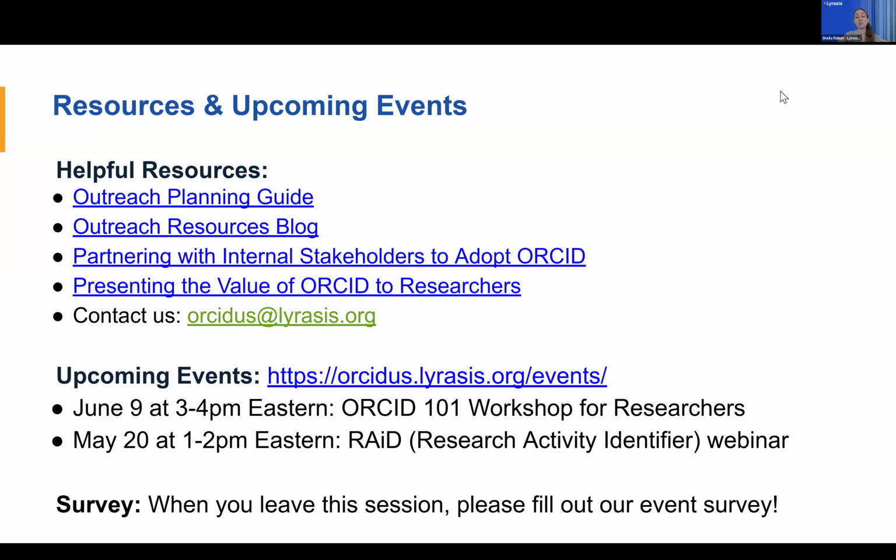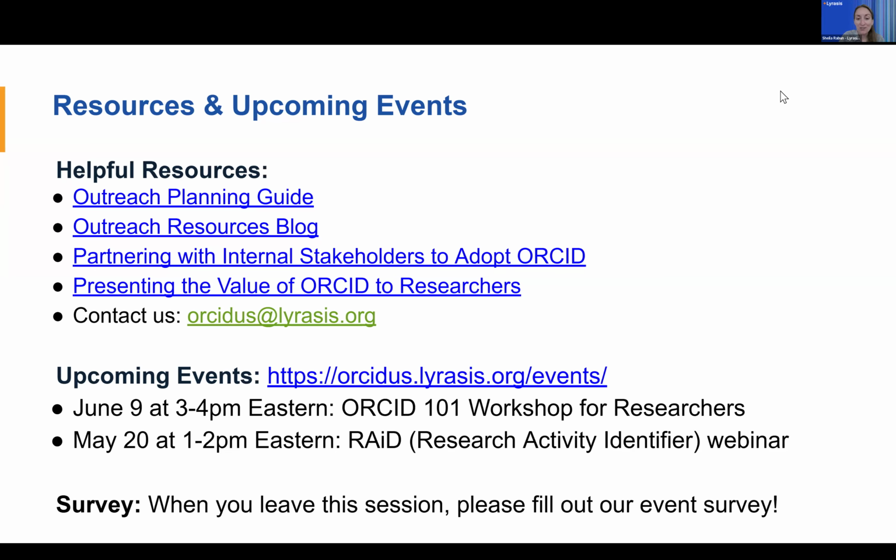But if your organization is actively adding those affiliations to ORCID records, if you're including the date range, then you will need to have some sort of workflow in place where when a person leaves, it triggers an action to update the end date. And same thing for any type of affiliation, whether it's employment or education. And if you want to email us, we can work with you specifically within your context to help you figure out how to manage that.